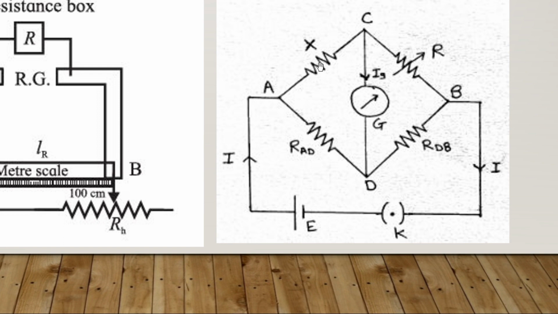Here this is the first resistance, the unknown resistance X, between terminals A and C. The second resistance R is the resistance taken from the resistance box between terminals C and B. This is the third resistance, which is the resistance of the wire of length AD, and this is the fourth resistance, of the wire of length DB, and the galvanometer is connected between points C and D. A is connected to the positive of the supply and B is connected to the negative of the supply through the key.